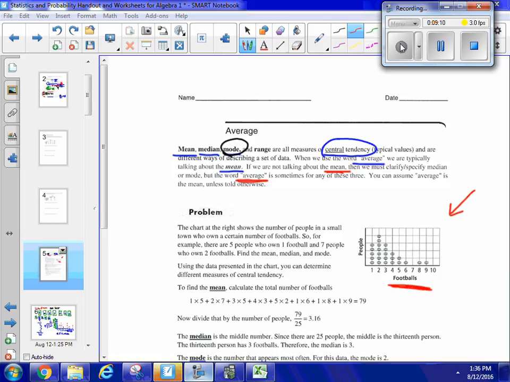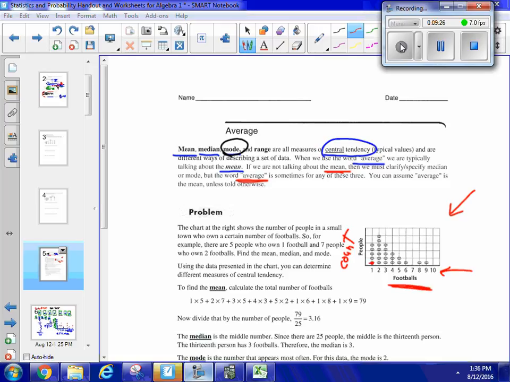So, for example, my first person, let's just say, was this person right here. So one person has 1 football in their house, and then another person has 1 football in their house, and another person has 1 football in their house.